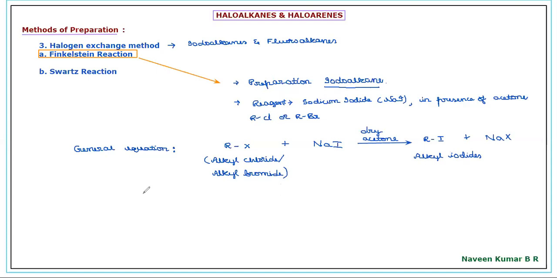Now we'll take an example for representing the equation. We'll take a simple example, methyl chloride, CH3Cl. When methyl chloride is treated with sodium iodide, NaI, in presence of dry acetone, iodide ions will be exchanged with the chlorine.